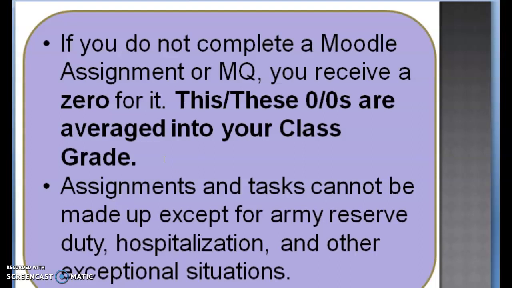But if you decide you're not going to do certain tasks every week, you can be sure that your class grade average will drop below 60, and you must get 60 in the class grade and the final assessments to pass. There are no extensions unless you have miluim, if you are hospitalized, or other exceptional situations.